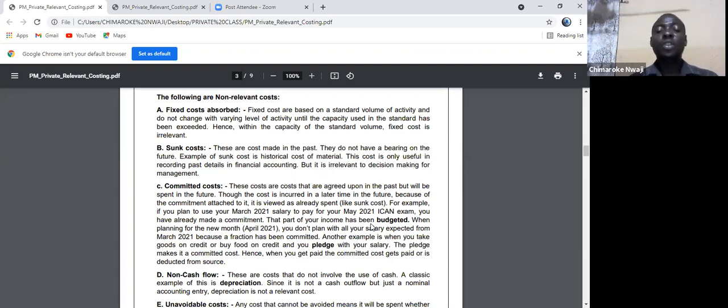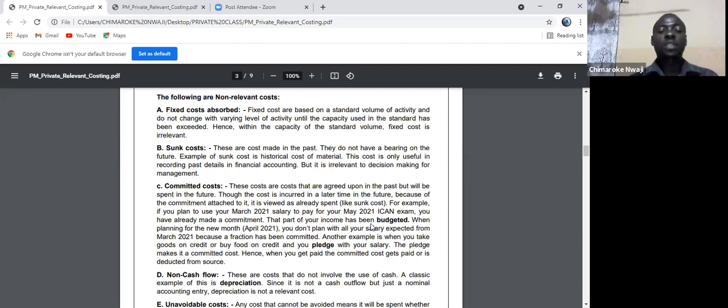This cost is only useful in recording past details in financial accounting, but it is irrelevant to management decision making. So watch out for past tense related to costs. These are irrelevant.